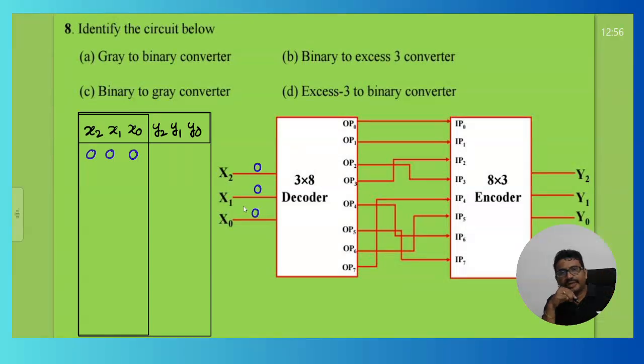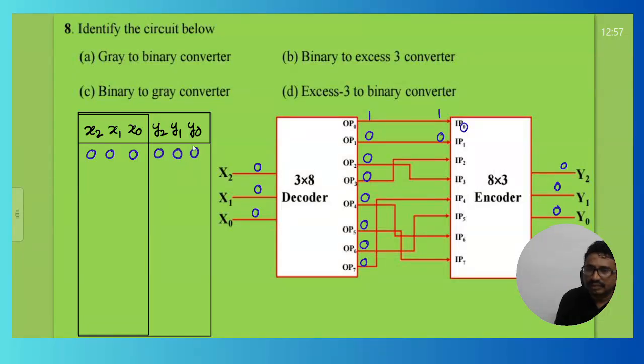Then what happens here? In the decoder only this output is 1, the rest will be 0, all these values will become 0. So this is 1, remaining all values are zeros. So what I will get as the output corresponding to this input 0 is 1. Only this corresponding to this will come as 0, 0, 0.